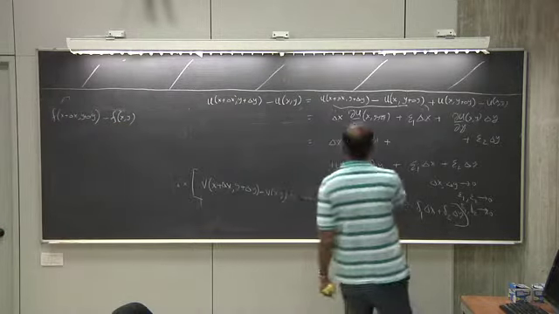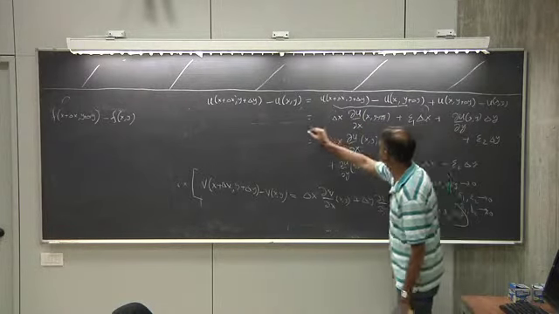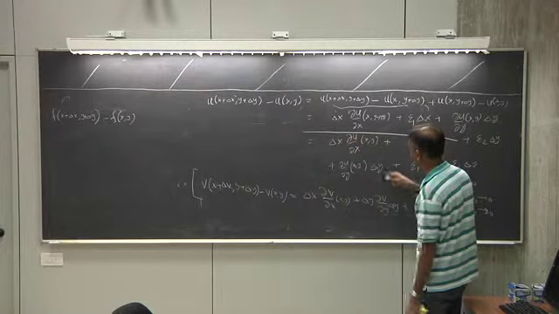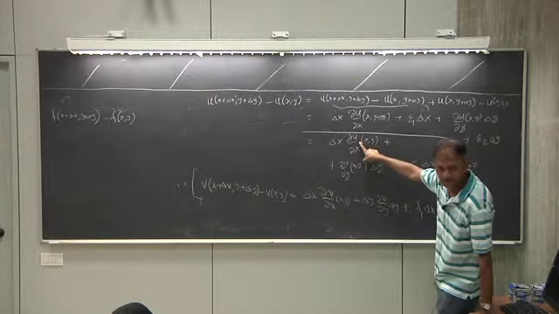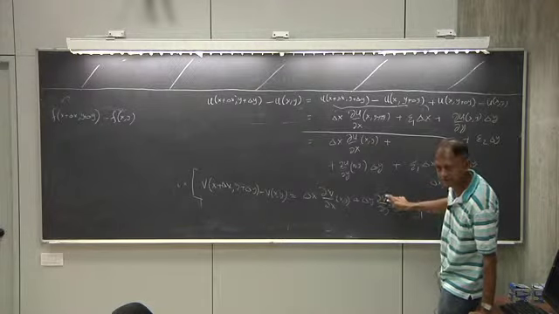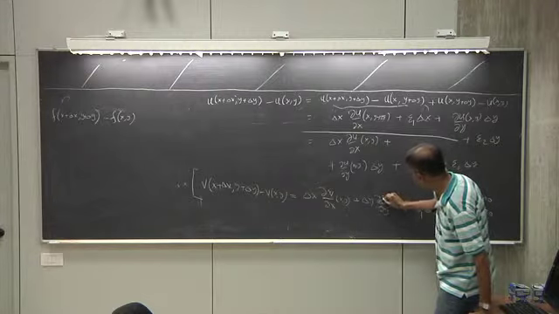We know dv by dy is the same as du by dx, right? That was one of the Cauchy-Riemann conditions. So by using the Cauchy-Riemann conditions, this becomes du by dx.